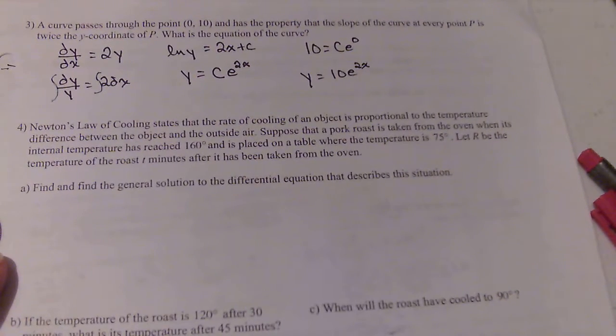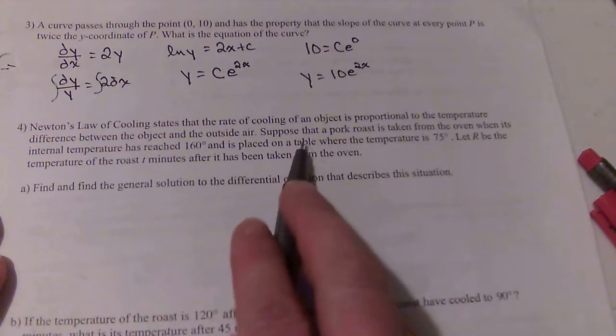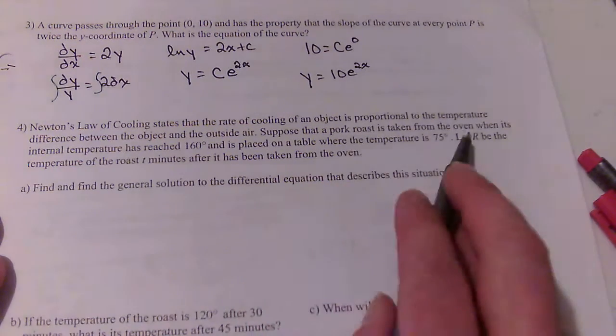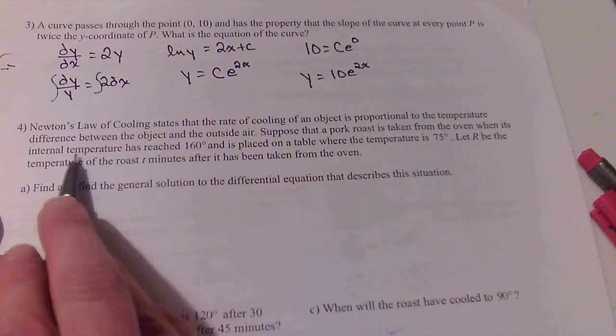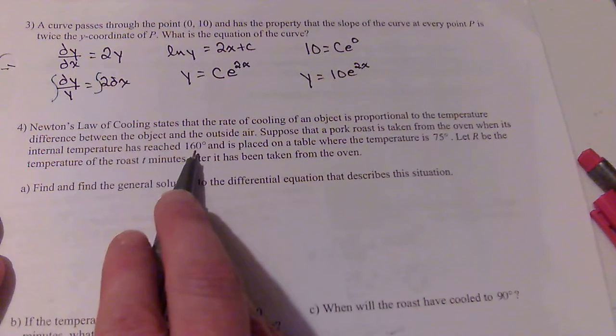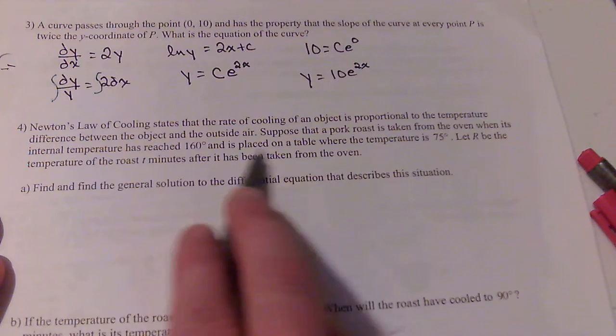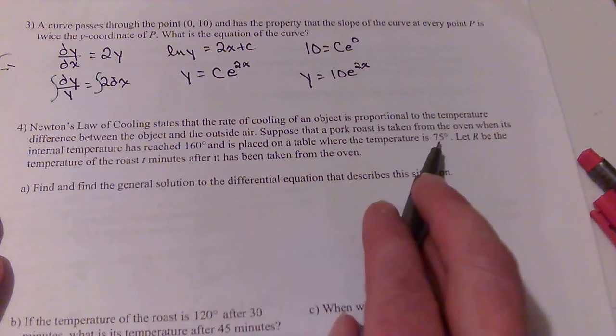Newton's law of cooling states that the rate of cooling of an object is proportional to the temperature difference between the object and the outside air. Suppose that a pork roast is taken from the oven when its initial temperature has reached 160 and is placed on a table where the temperature is 75.